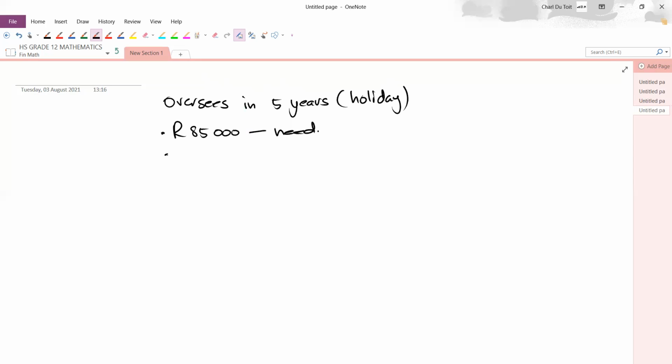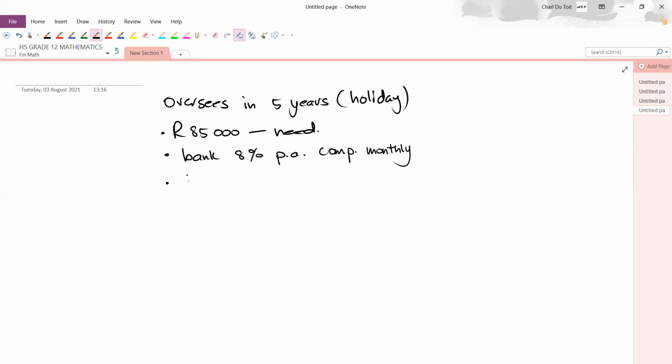And okay, the bank will give us 8% per annum, compounded monthly, normally monthly. You can't really work with a different compound. If you're not going to save monthly, you can't calculate something that doesn't compound monthly. Okay, right. So that's the bank's part.